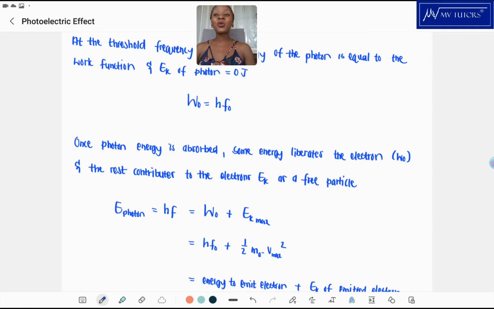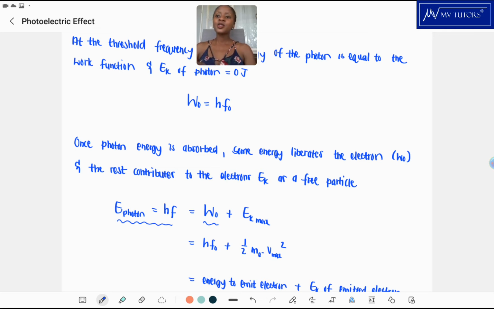Okay, so now we redefine our formula. The energy of a photon, like we had talked about before, is equal to Planck's constant times frequency. And what does that translate to? Well, basically we have the work function, which is the minimum energy required to eject an electron, to wake it up. And then we add the maximum kinetic energy. It's going to require the maximum kinetic energy to get these electrons moving so that electricity can be generated, for one.